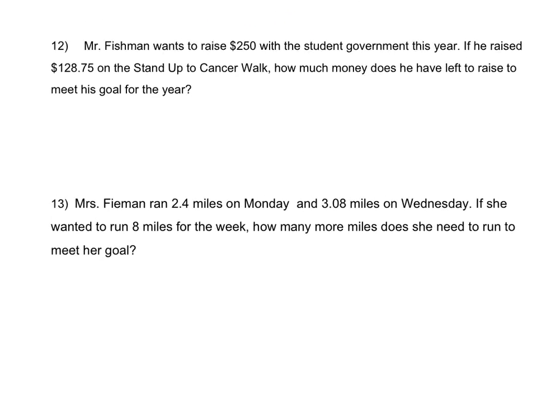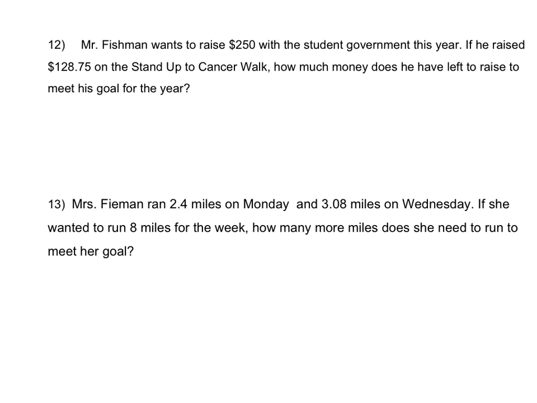All right, let's look at our word problems here. Mr. Fishman wants to raise $250 with the student government this year. If he raised $128.75 on the Stand Up to Cancer Walk, how much money does he have left to raise to meet his goal? What operation, anytime you hear that word, how much does he have left? That's right, you need to subtract. So add your zeros for your placeholder spot.